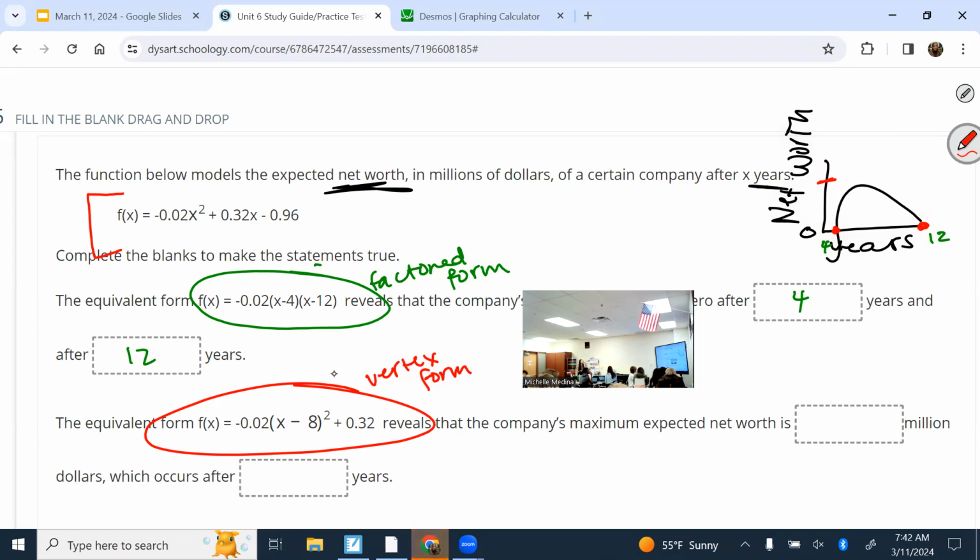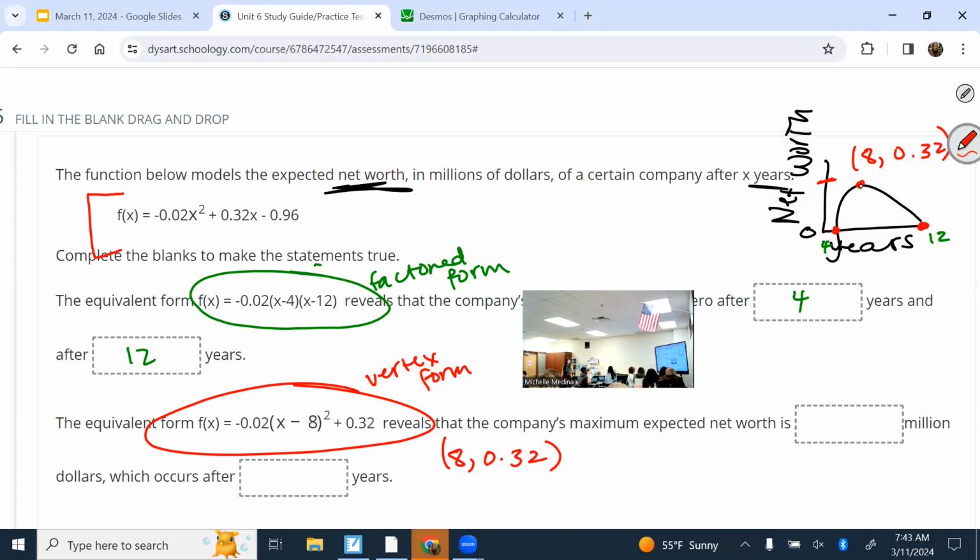So even without graphing, I can tell you my vertex for this one is going to be what? Good. So even without graphing, I can tell from vertex form what it's going to be. But of course, you could always graph it if that makes more sense to you.